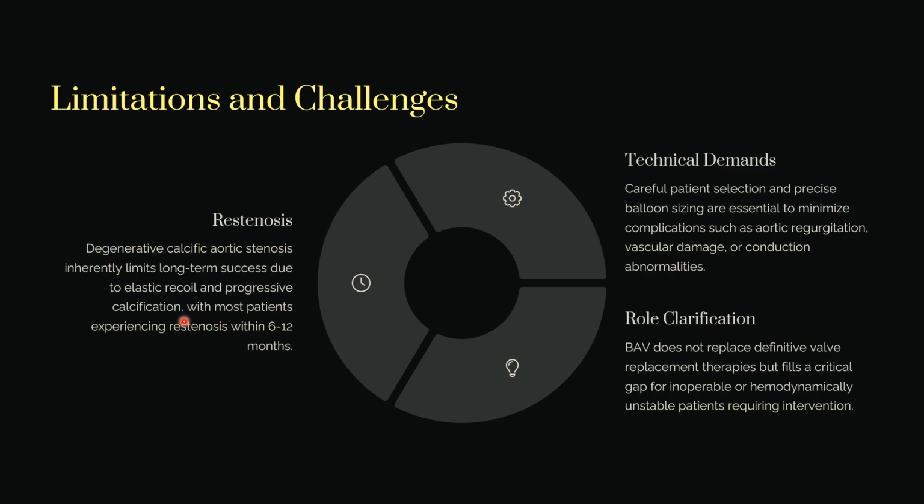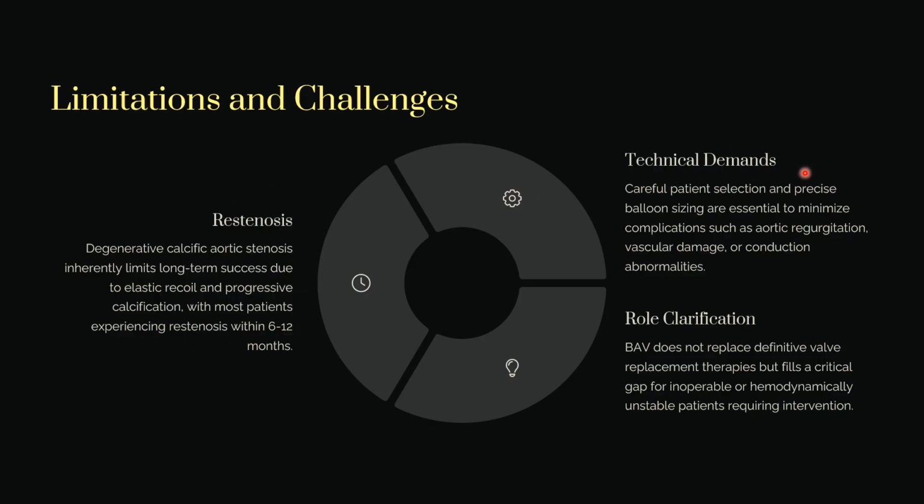It means degenerative calcified aortic stenosis. It is a condition where the aortic valve, which regulates the blood flow from the heart to the body, becomes narrowed due to calcium deposits and thickening of the valve leaflets. And most of the patients experience restenosis within 6 to 12 months. So this is a problem or limitation.